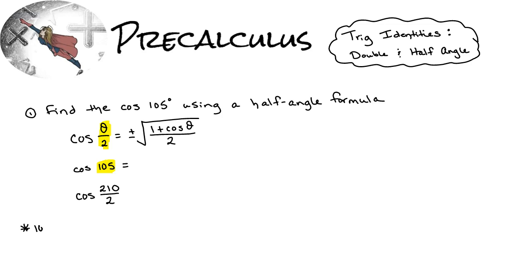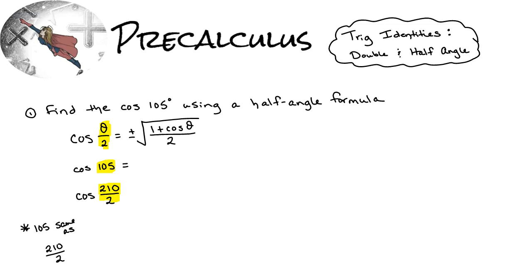So 105 is the same as 210 divided by 2, which makes sense. And the only reason that we do that is so that it looks the same as the formula.